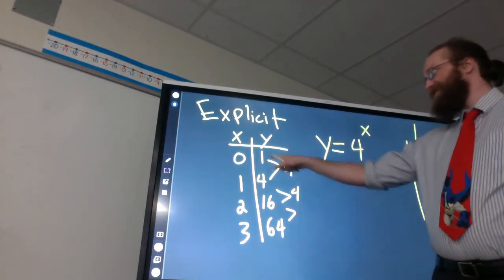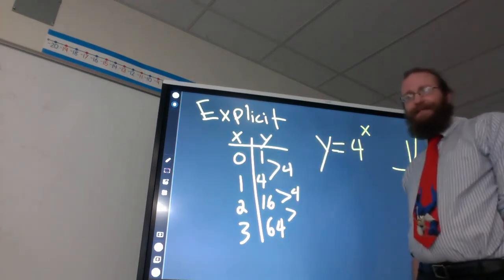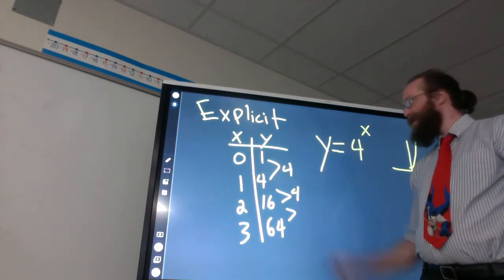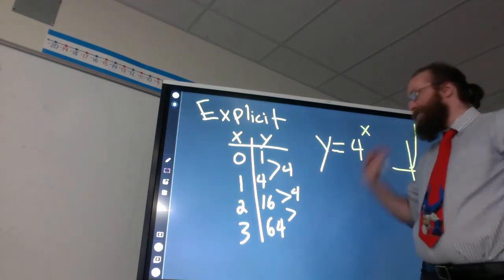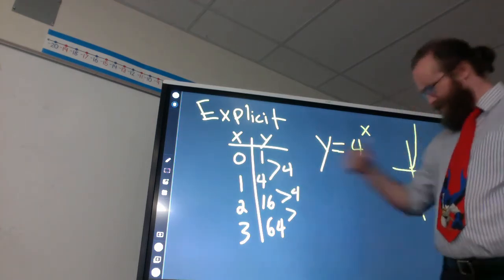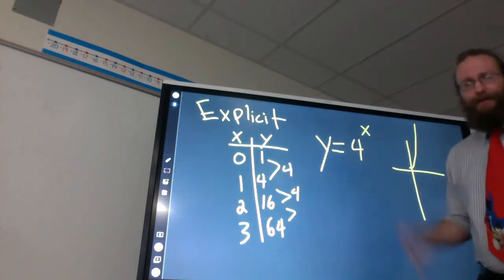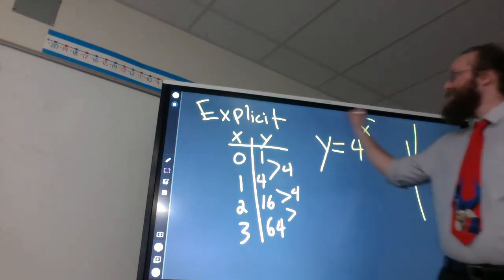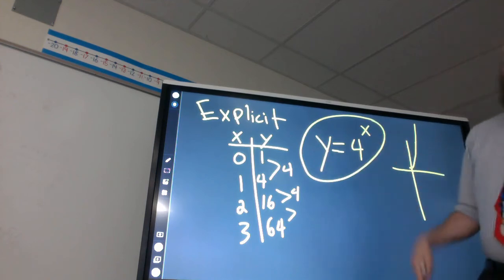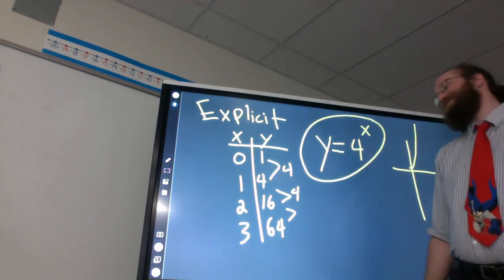This makes sense because if we plug in a 0 for x, 4 raised to the 0th power would be 1, and that's true. If we plug in a 1, 4 raised to the first power is 4, and that's true. And if we plug in a 2, we get 16, and a 3, we get 64. So this would be the explicit equation, although it's much harder to find than the recursive equation was to find.